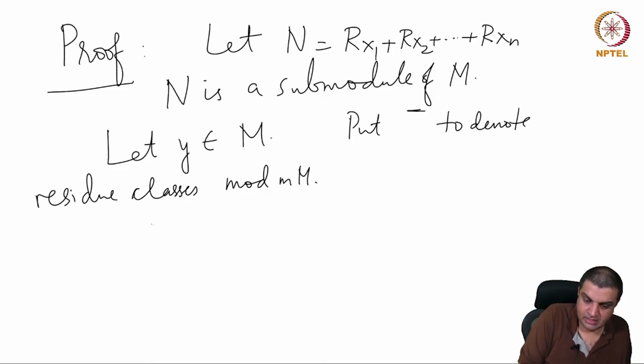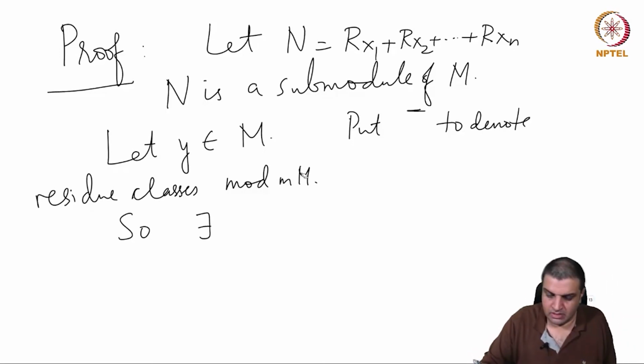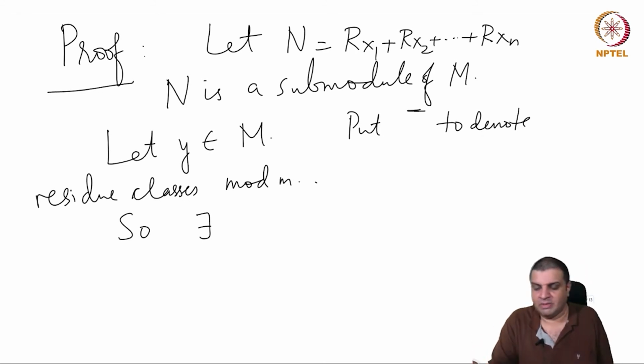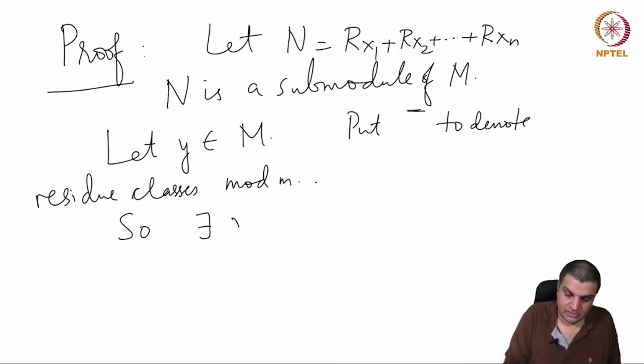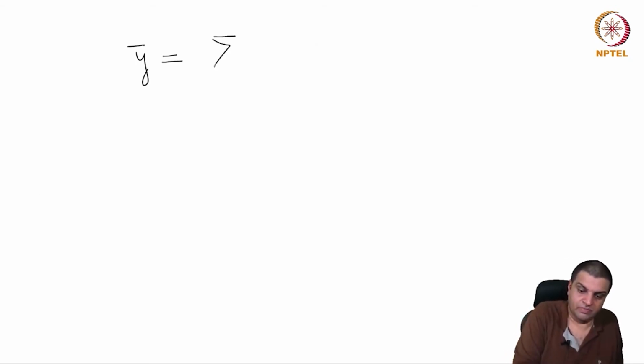Okay. So now what do we get? So we get that there exist some elements in R mod m, but we could just take elements in R itself, there exist r1 through rn in R such that, so y is in M. If you look at its image y bar in M mod mM, this is the sum of ri bar xi bar.